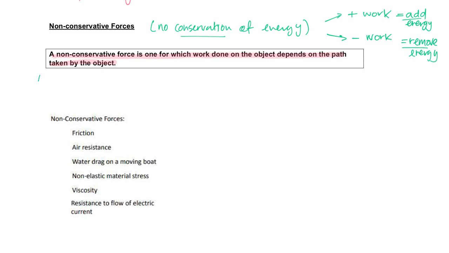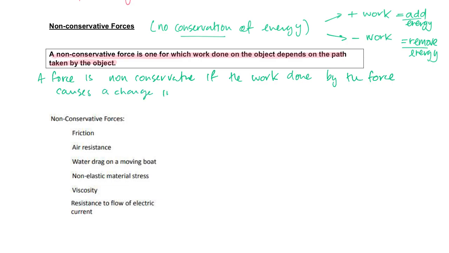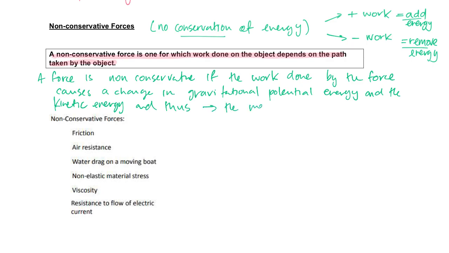So I can say that a force is non-conservative if the work done by the force causes a change in gravitational potential energy, and the kinetic energy, and thus also the mechanical energy.